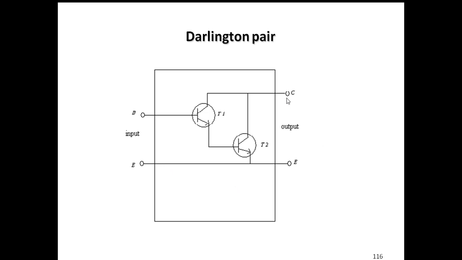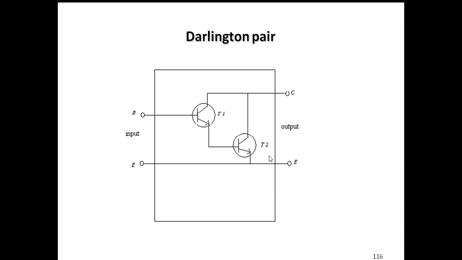Whenever we want to give the input, it is applied between base and emitter, and whenever we want to measure the output, we can measure it across collector and emitter. And inside this package the connections are made like this.